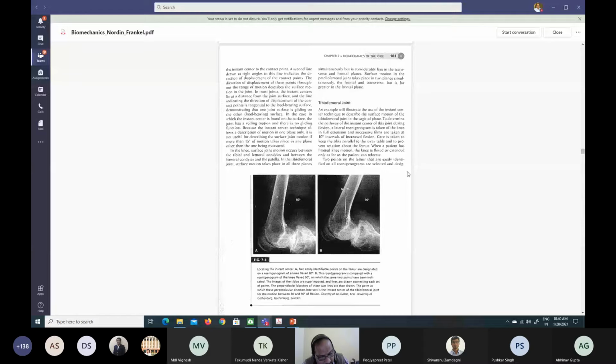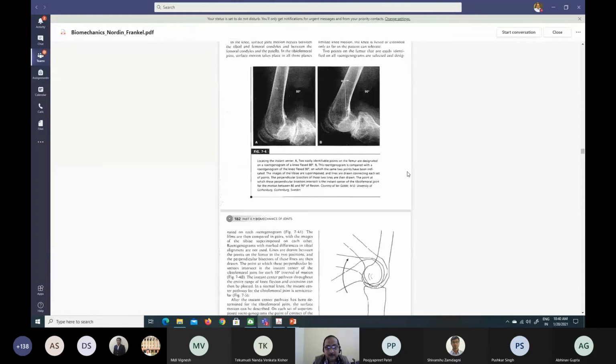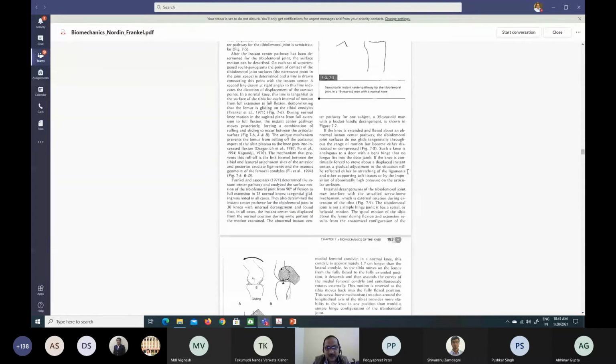Now, there was another figure here. Just a moment. That figure may be easier for you to understand because this is a scan.